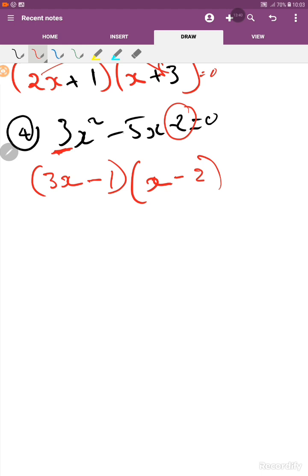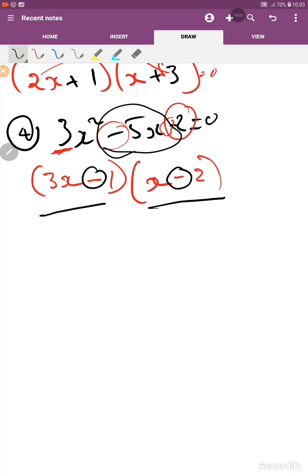Since we have all these minuses in this equation, one of our brackets must carry positive, meaning these values must be positive. All right, so you have to check first your middle value. We have negative 5x, so we have to check that first.